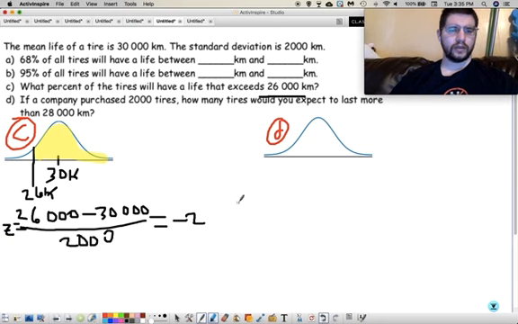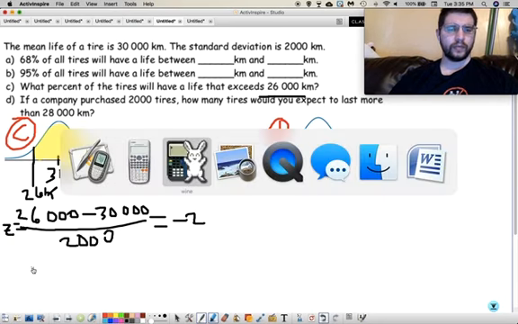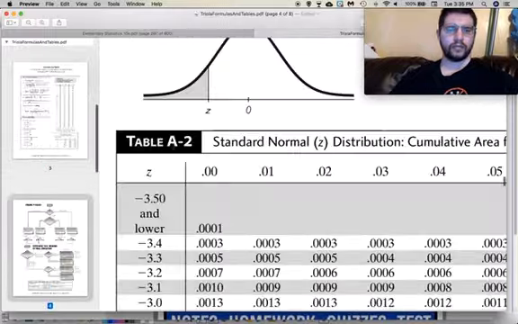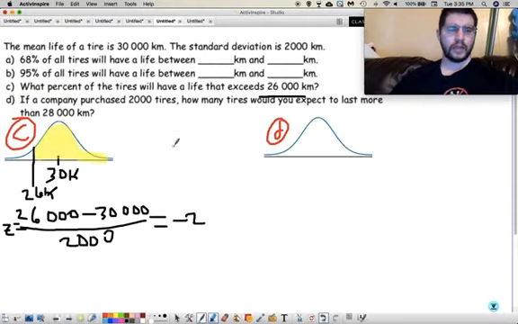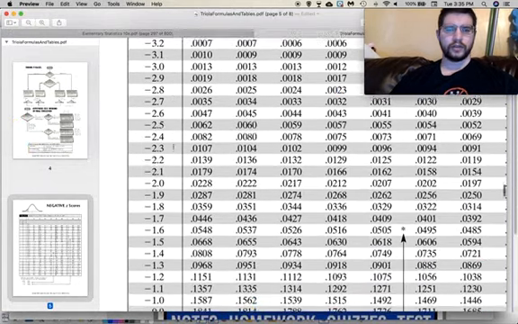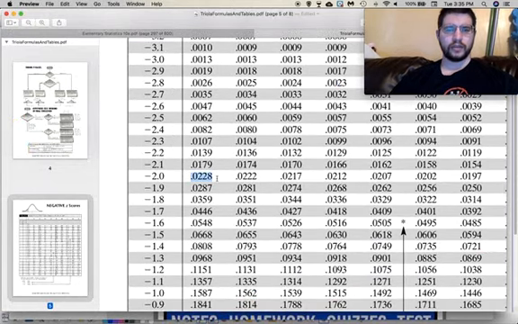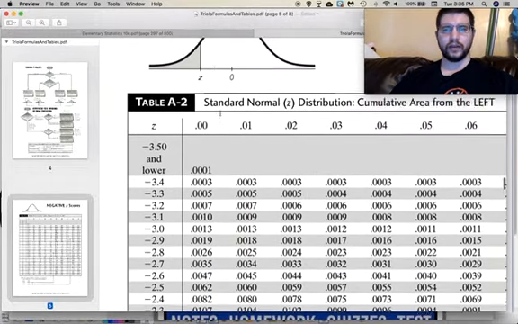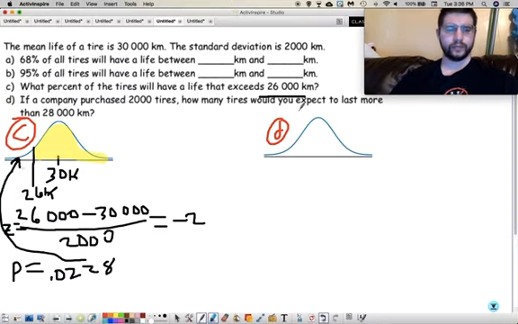So looking at the chart, -2 for Z-score, 0.0228. That's again for this section right here. Chart always gives area to the left. Don't forget.